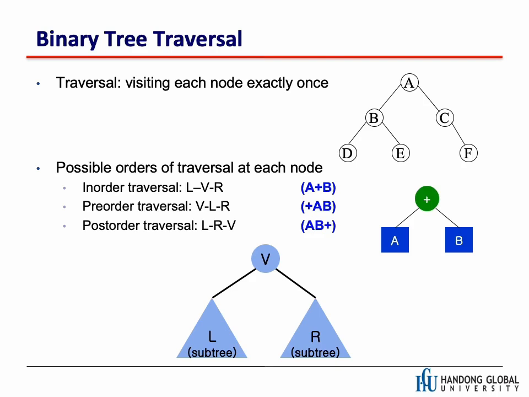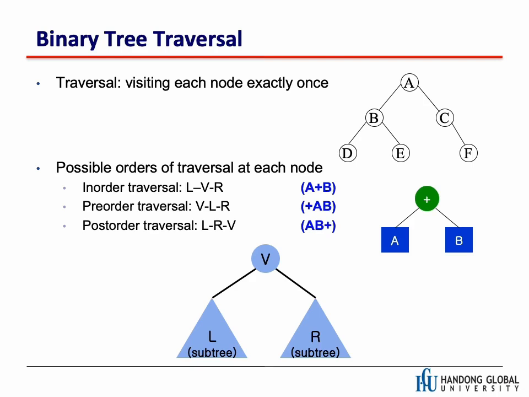Given the figure at the bottom of this slide, an in-order traversal will traverse the left subtree first, then the root node, and then the right subtree. It corresponds to A plus B with this simple tree.